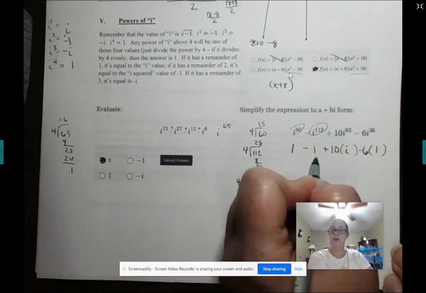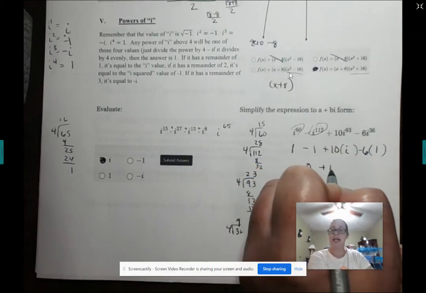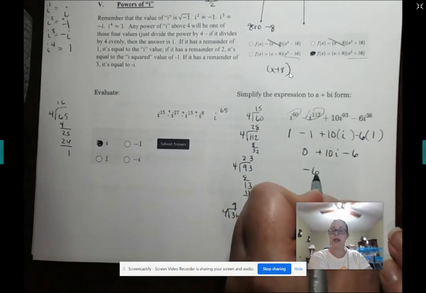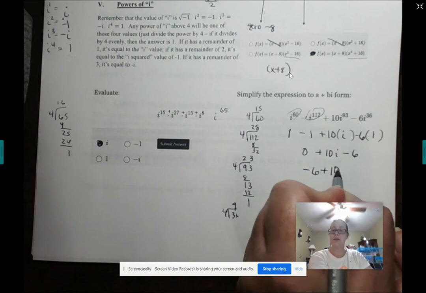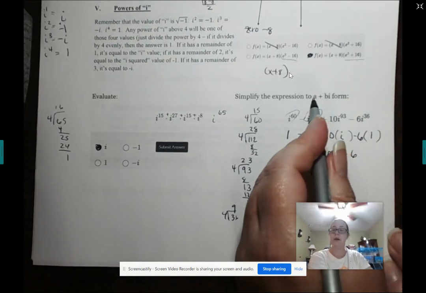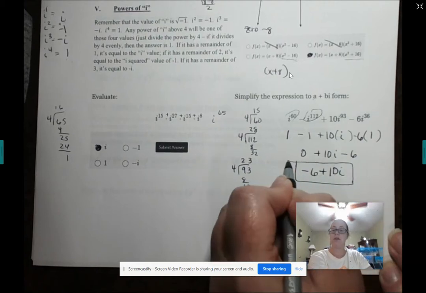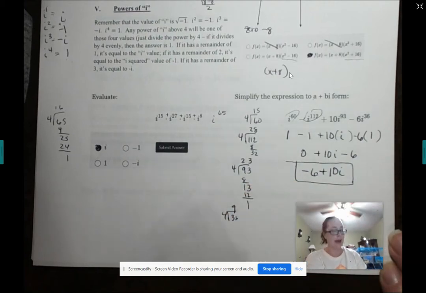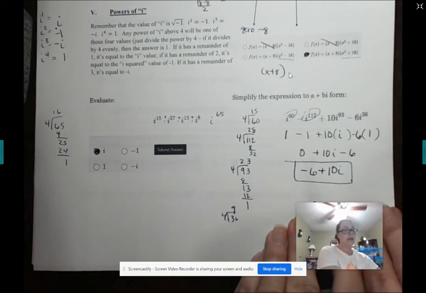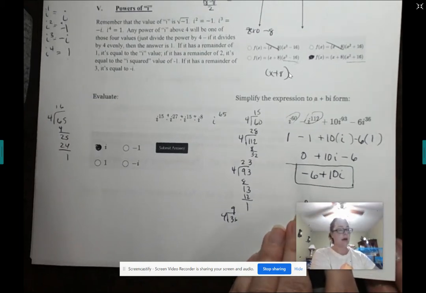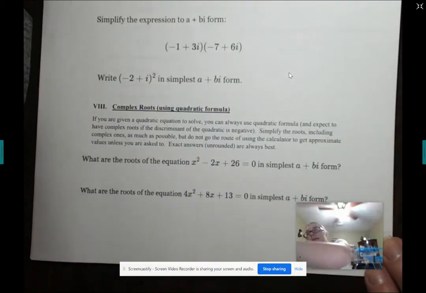And so I have 1 minus 1, which is 0. I have a 10i, and I have a -6. And I'm going to rewrite that in complex number form, which is always to put the real part first and the imaginary part second. So -6 went up to the front, plus 10i goes to the back, and that is my answer. So I can do any operations I want to with real numbers and imaginary numbers combined.